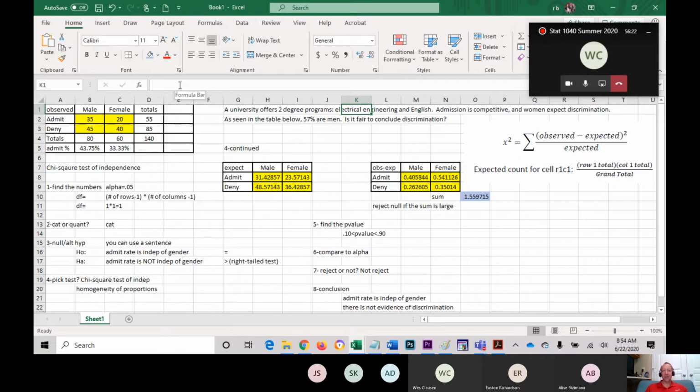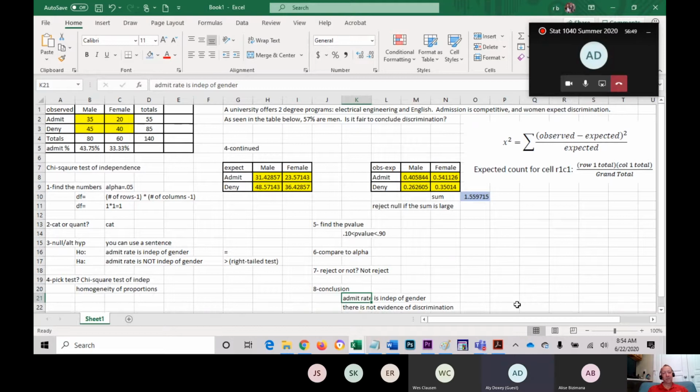But Ali, I have a question for you. There's a 10% difference in admit rate. How can we say that there's no discrimination going on? That seems like a big gap, doesn't it? It's because we're comparing the alphas, right?